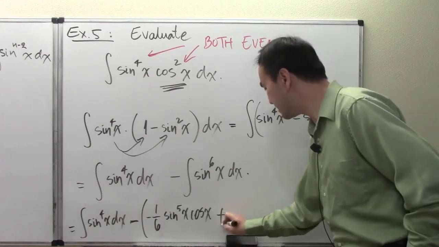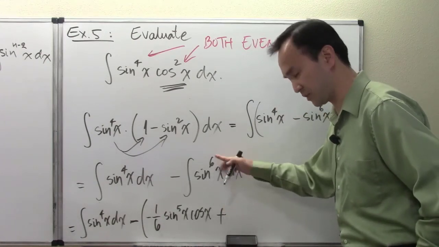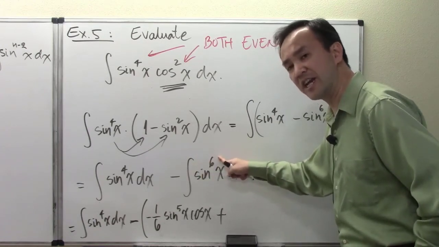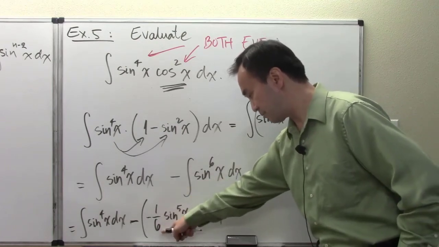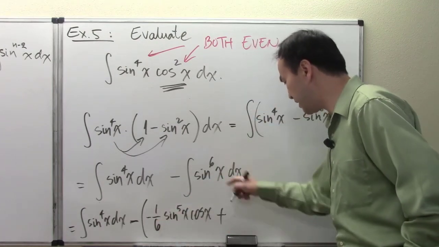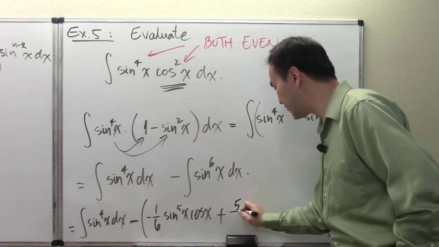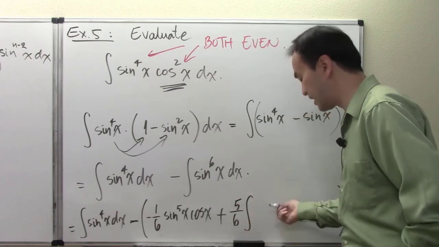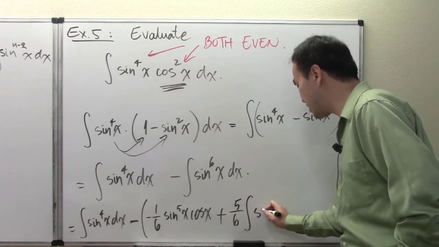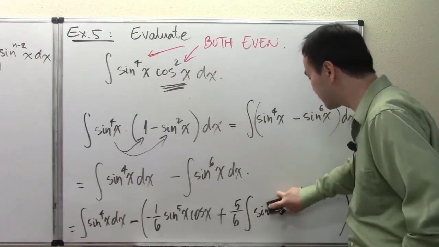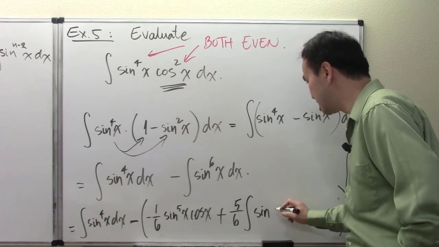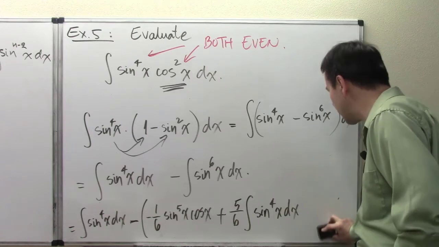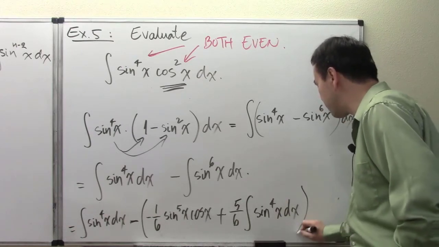Then I add, with n being 6, n minus 1, which is 5, divided by n, which is 6. So 5/6 times an extra integral, sine to the 4th of x dx, and that completes what's inside my pair of parentheses.